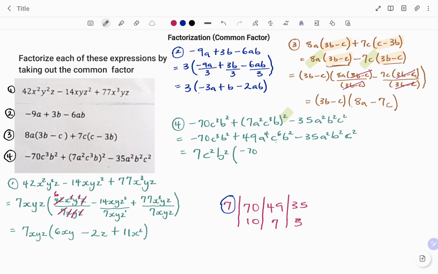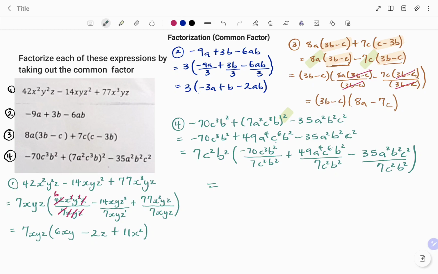Remember, I'm going to divide each term by my common factor, 7c^2b^2. So I have -70c^3b^2 divided by 7c^2b^2, plus 49a^4c^6b^2 divided by 7c^2b^2, minus 35a^2b^2c^2 over 7c^2b^2.